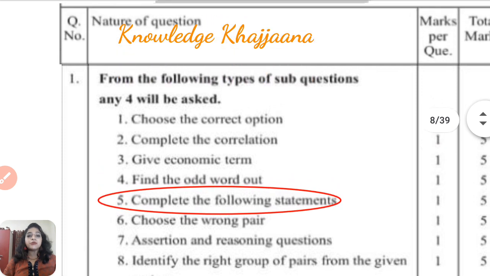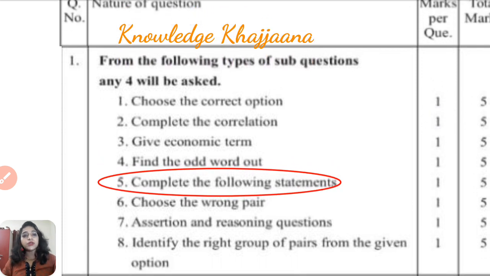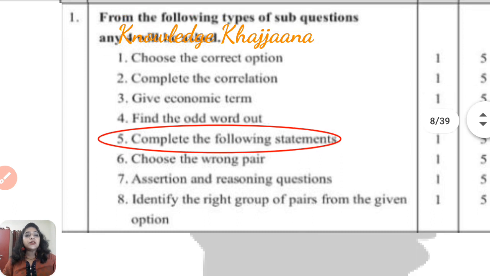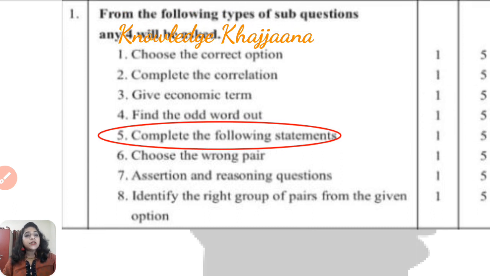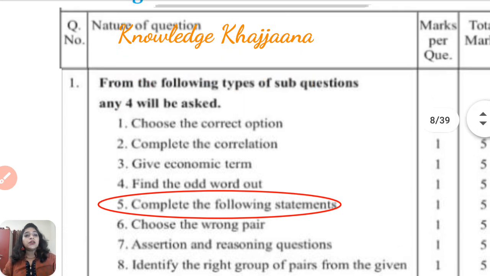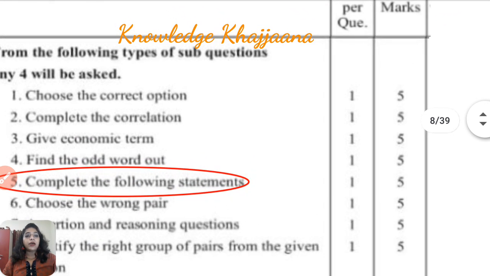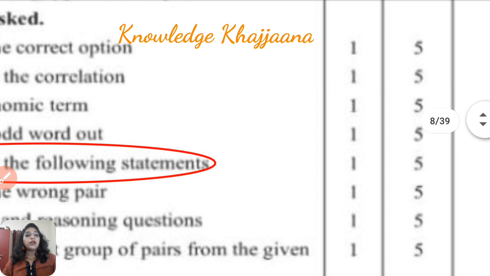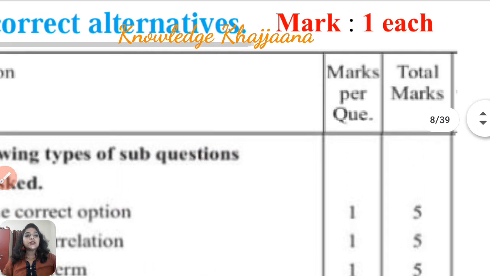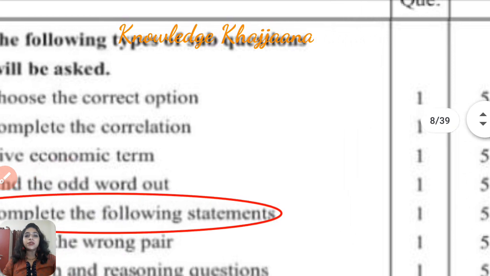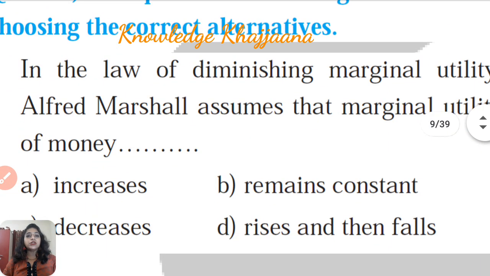These are the 8 types of sub questions: choose the correct option, complete the correlation, give economic term, find the odd word out, complete the following statements, choose the wrong pair, assertion and reasoning questions, or identify the right group of pairs from the given options. So this is the 5th subtype from question number 1, which would be asked for 1 mark, and the total marks for this kind of question is 5.